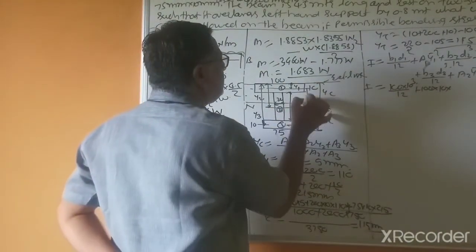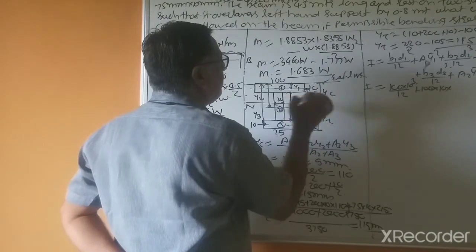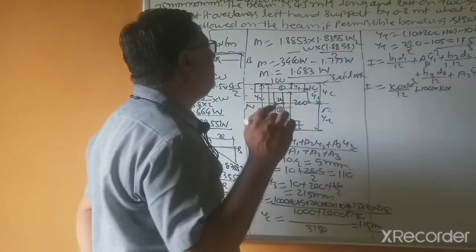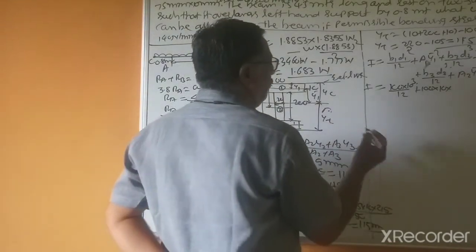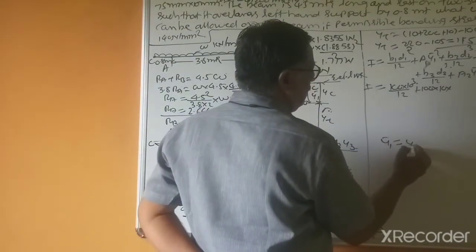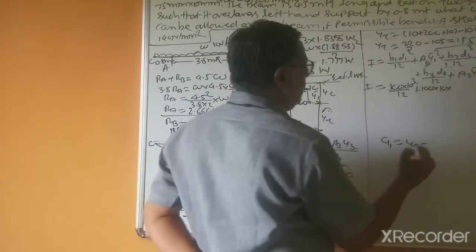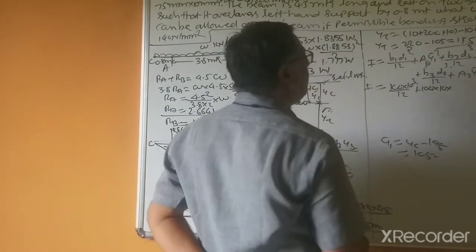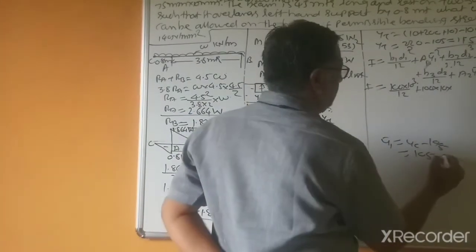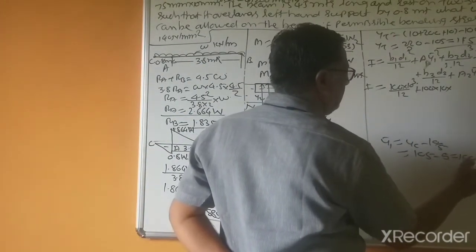So this distance is the y1 bar. So y1 bar equal to yc minus 10 divided by 2. So this is 105 minus 5 equal to 100.